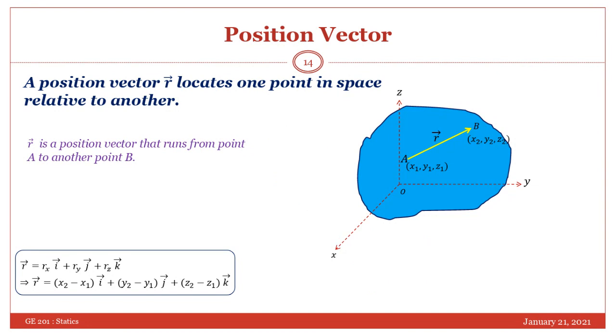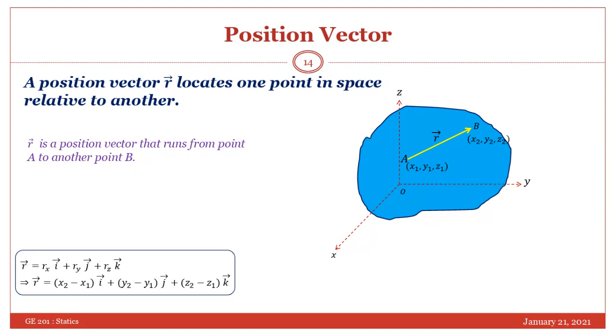Okay? Like here, this is A, this is B, and you are locating B relative to A. Joining A and B by an arrow, this will be called the position vector. If either of the two points changes, the position vector will change.